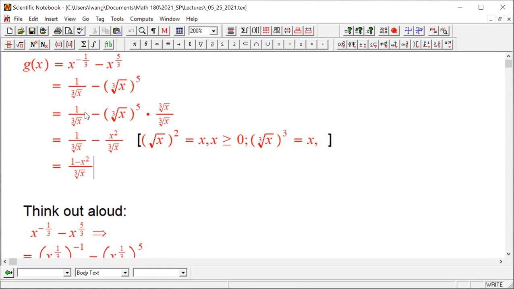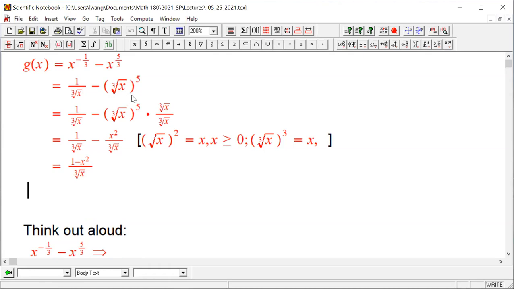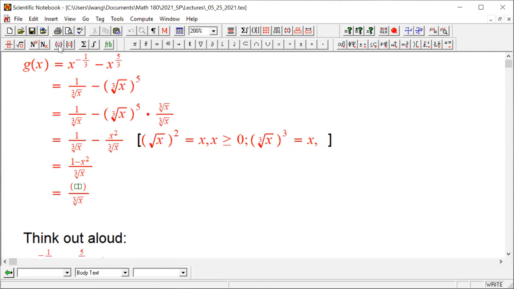Doesn't that look simpler? Much simpler. And then what? Cubic root of x and the top, can you factor that?